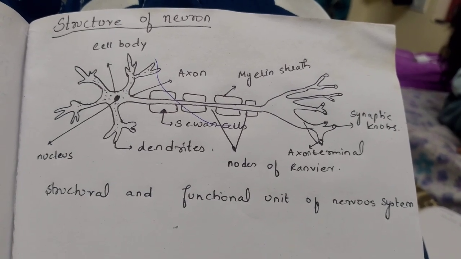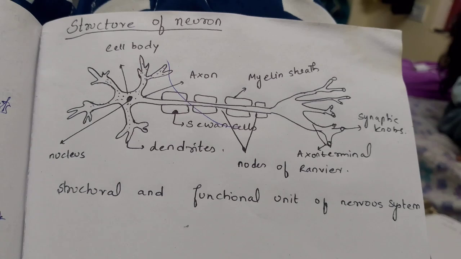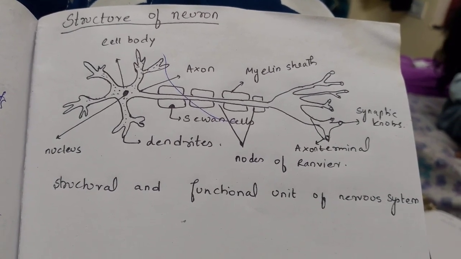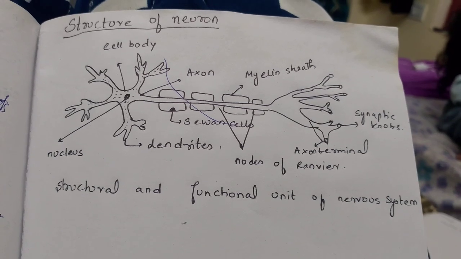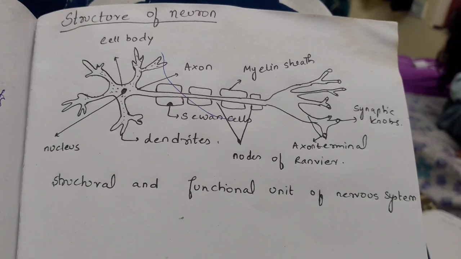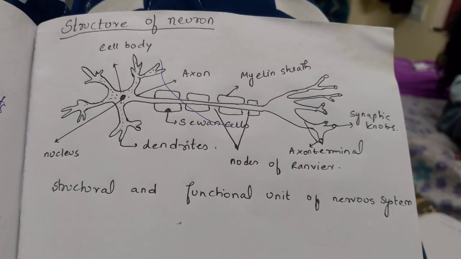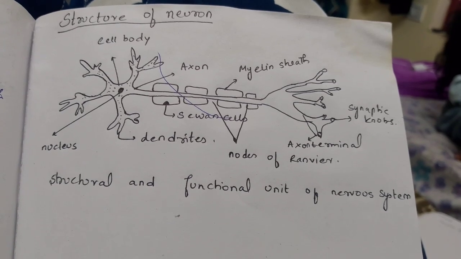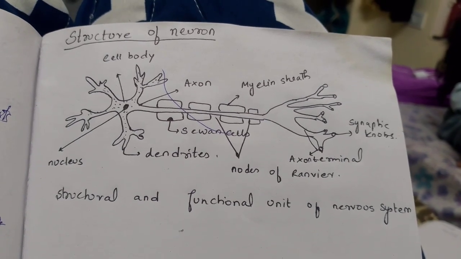The axon terminal is the branched ending of the axon, which transmits impulses to the synaptic knobs, and then to other cells.